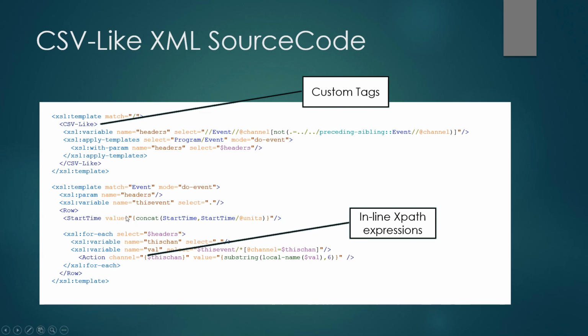That's how I built the start time thing. We concatenated start time, that's one XPath, and start time / at units, so the units. So I take the value or the content of start time, append it to the content of the units attribute, right? And I end up with things like 15 microseconds and 15 milliseconds and so on.